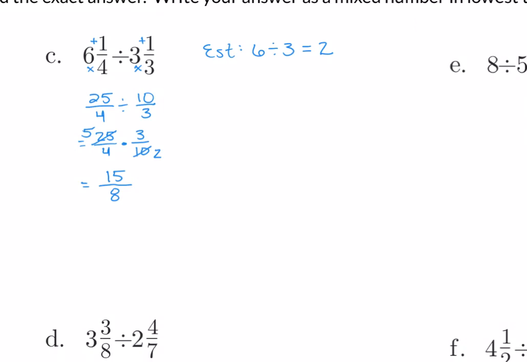This is an improper fraction, so we do need to convert to a mixed number. 8 goes into 15 one time. Subtract, we get 7. And so this is equal to 1 7/8.